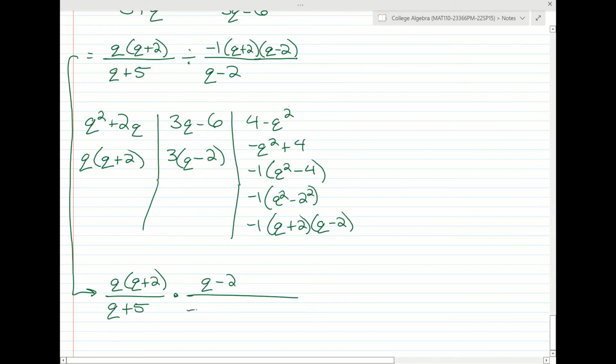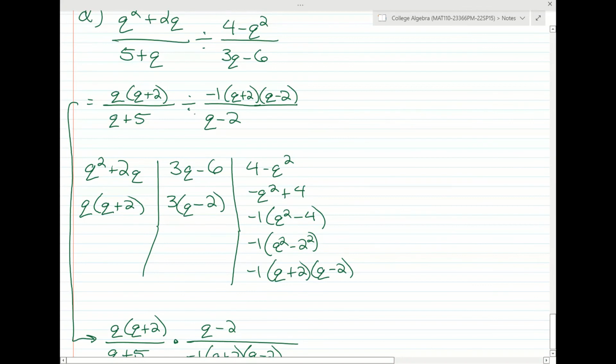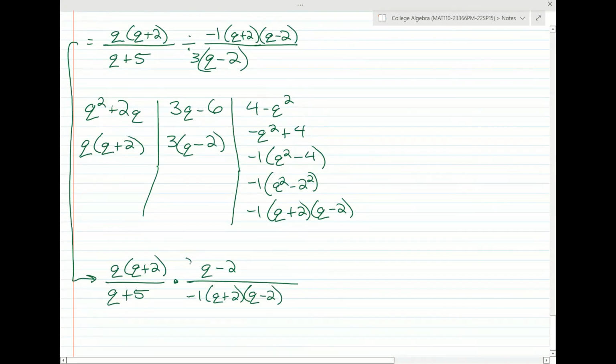And then the bottom would be negative 1 times q plus 2 times q minus 2. Where did I put that? The 3q, yeah, this would be 3q. I don't know why I left that out. Thank you.